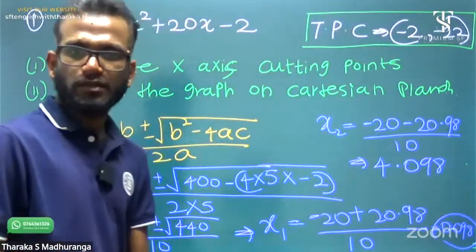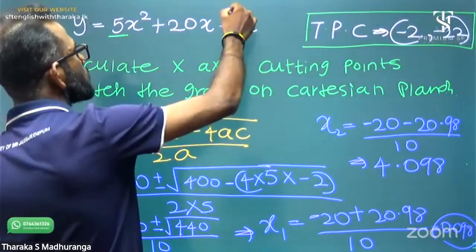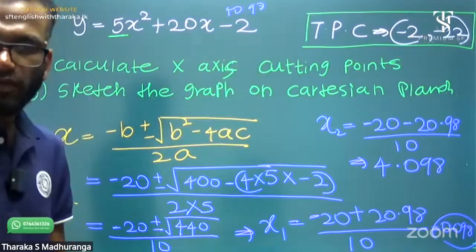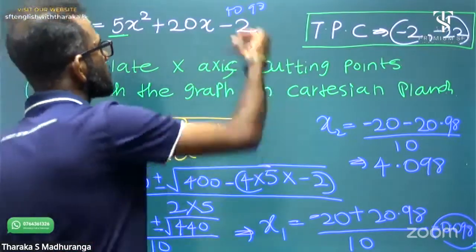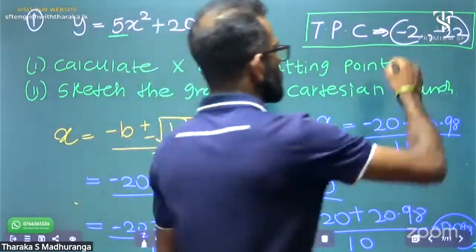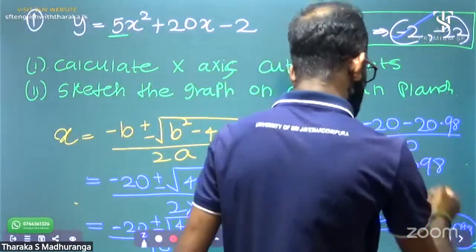Correct? 40.98 divided by 10 is 4.098. Yes. Now you already know the turning point coordinates and the x-axis cutting points.